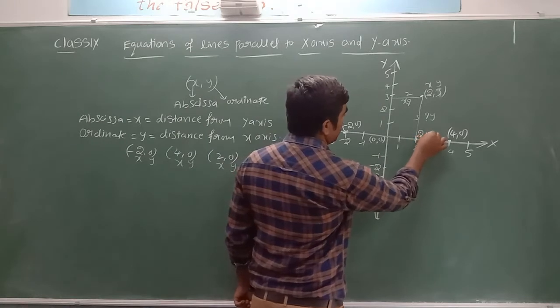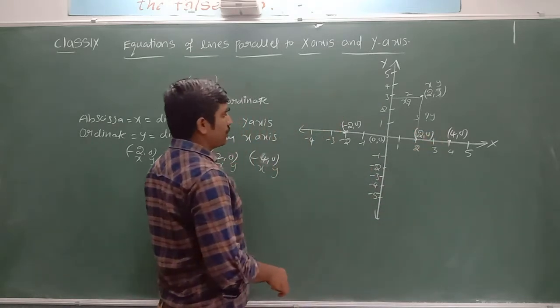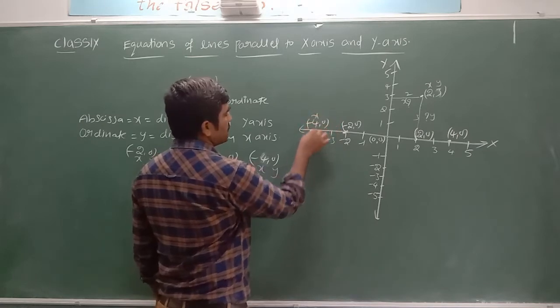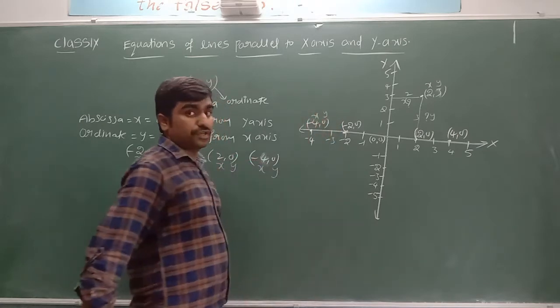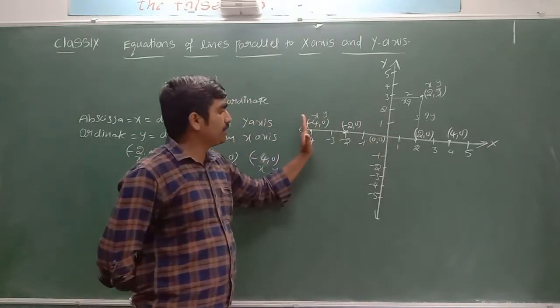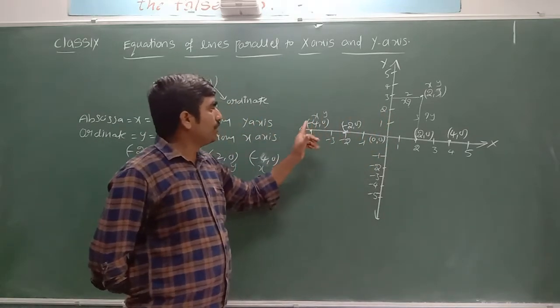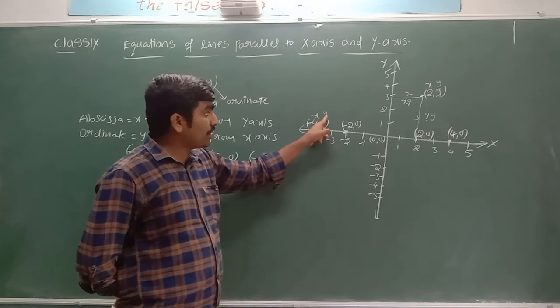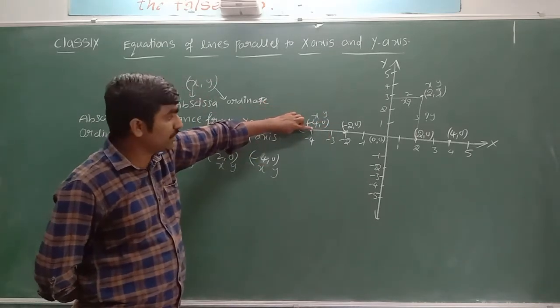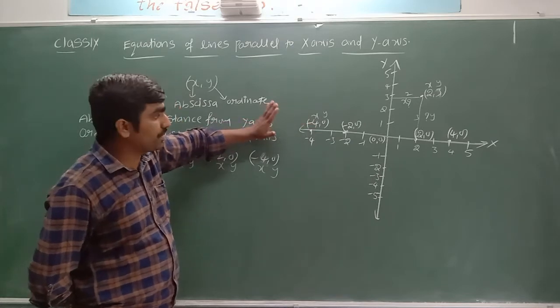Minus 4 comma 0: the abscissa is -4, the ordinate is 0. Abscissa is the distance from the vertical line, which is 4 units. Ordinate is the distance from the x-axis, and the point is already on the x-axis, so there is no distance.